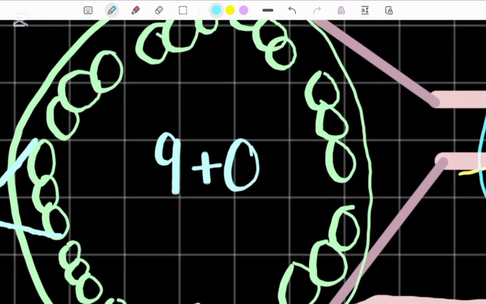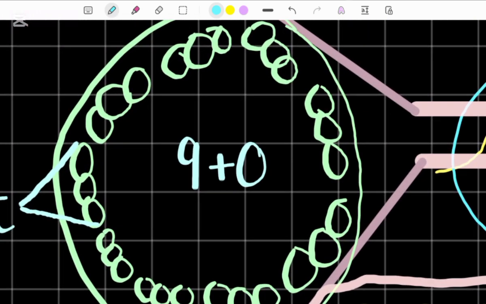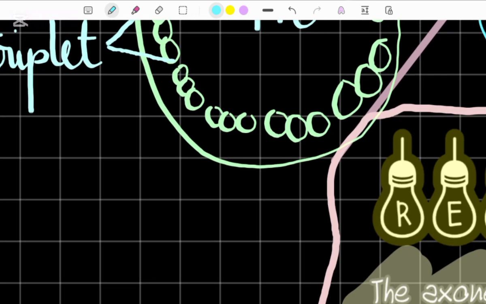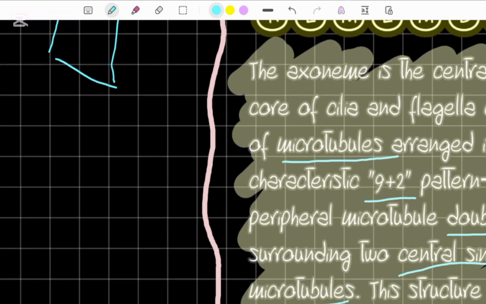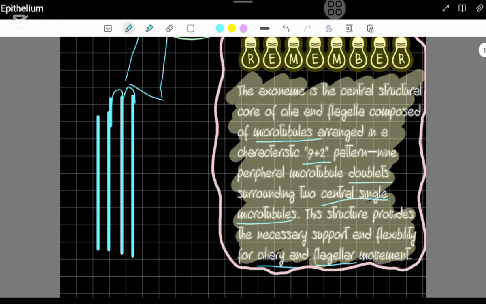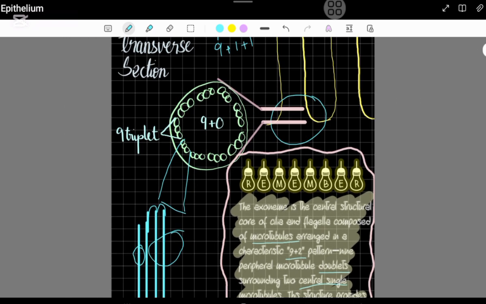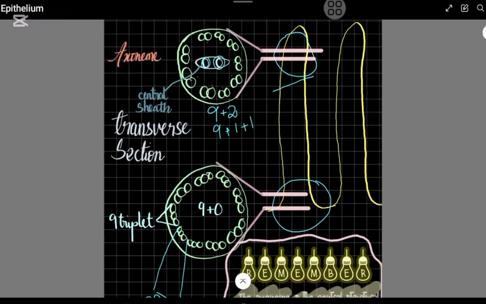What is the difference? We have seen in the axoneme there are 2 microtubules, while over here we can see that there are 3 microtubules. I can show you this one. Consider this as one. When they get extended, consider them as the 2 long microtubules, and this one is the 1 short microtubule that remains back in the basal surface instead of going to the axoneme, the uppermost part having the 2 microtubules.